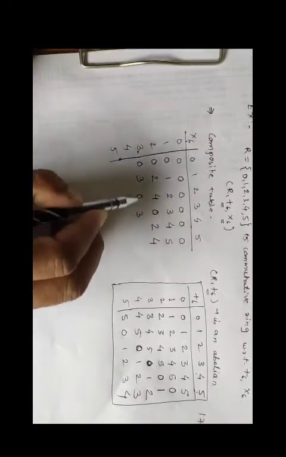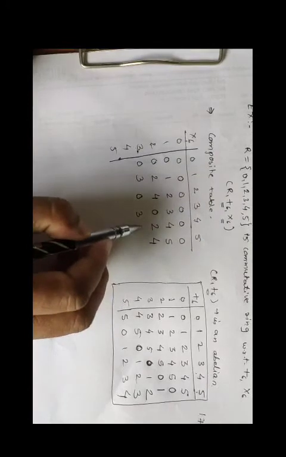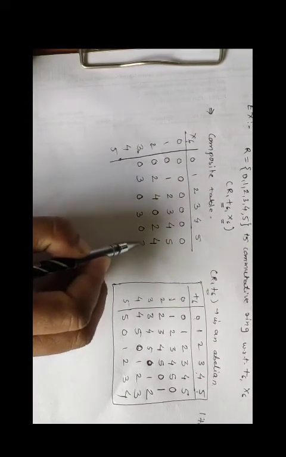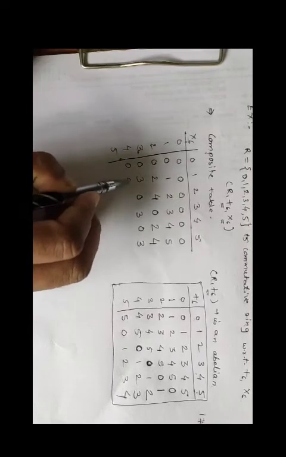After that 3, then 3 into 4 is 12, 12 divided by 6 gives 0, and then 3. You calculate these two rows; I write them directly. 4 into 0 is 0, 4 into 1 is 4, 4 into 2 is 8, that means 2, 0, 4, 2, then 0, 5, 4, 3, 2, 1.